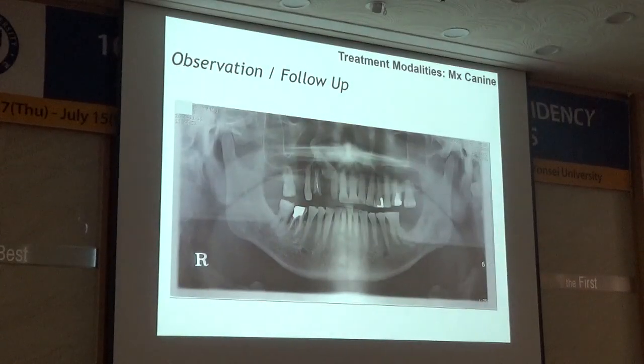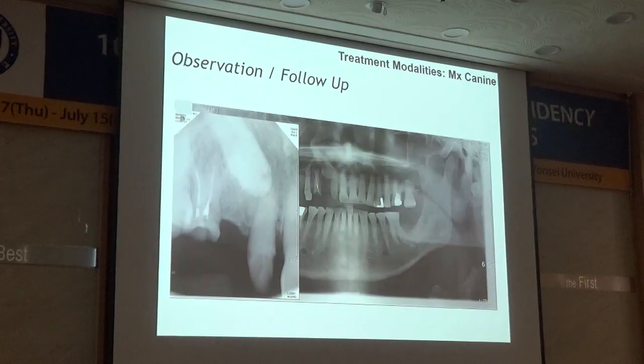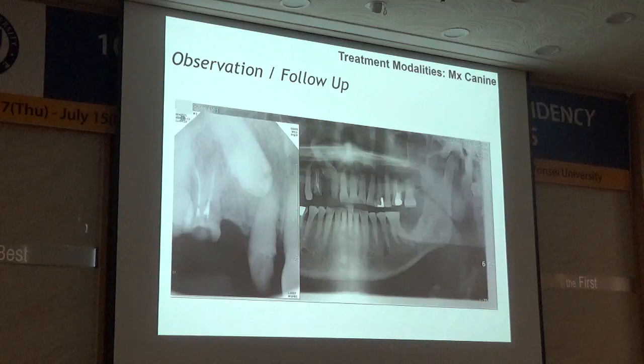And another case is very similar. He was 64 years old, and also he had no idea of the infected tooth. You can see the ankylosis of not only the root portion, but the coronal portion is also ankylosed. So if you see this case, you should not do the orthodontic treatment on this infected canine.